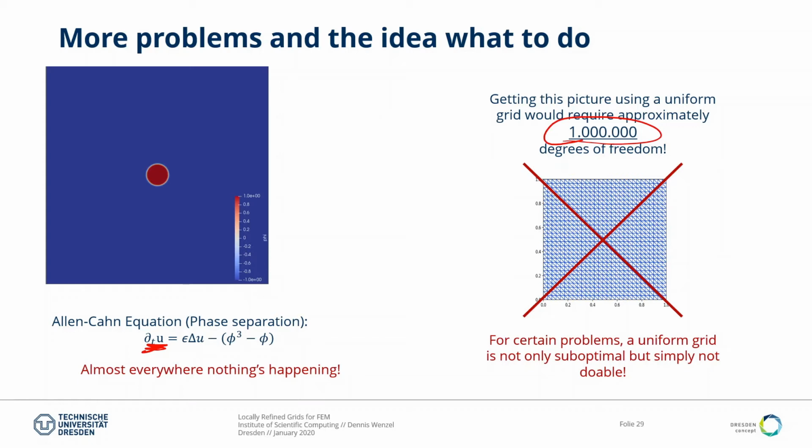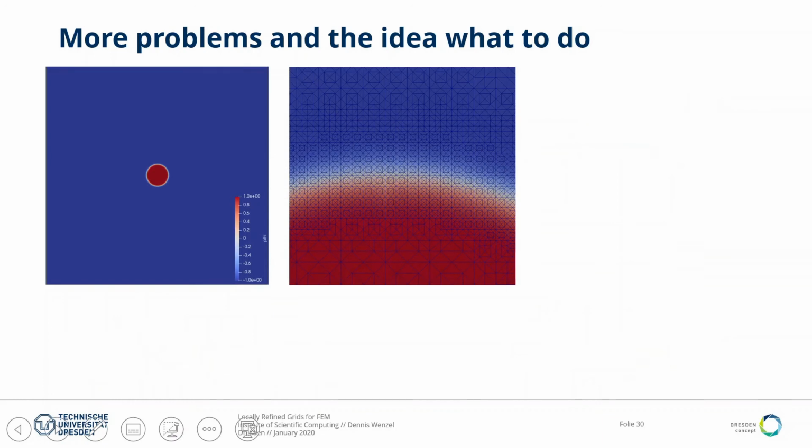So yeah, there are problems that are even more complex than those we have seen before because you just cannot do it on a uniform grid. What you want to do instead is consider local grid adaptation. So you see here a zoomed in picture of this part of the domain.